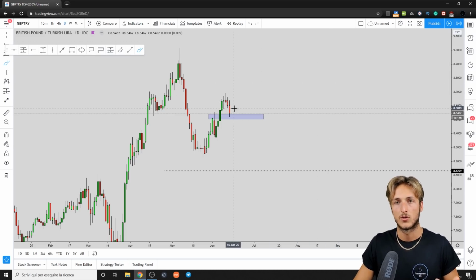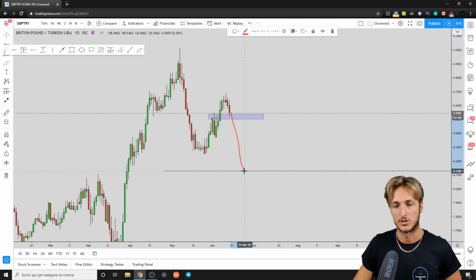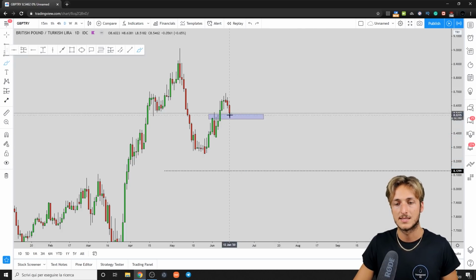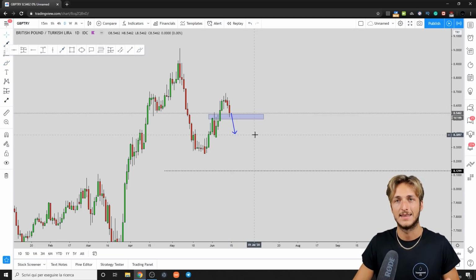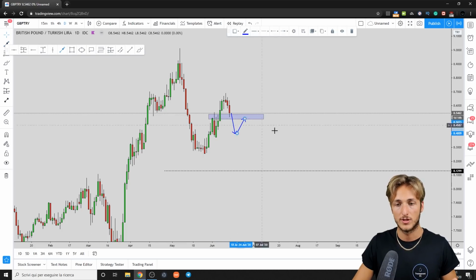So in order for us to be looking for this potential sell, we have to first see the market break from a daily point of view, this previous resistance now turned support. So if the market will actually manage to create a daily close below this structure, then on the retest of the area, that is where you will have the best probabilities, and that is the best zone to be monitoring for the possible continuation to the downside.